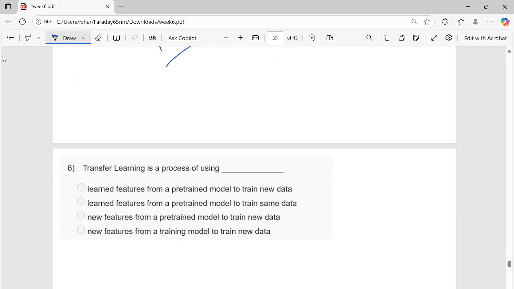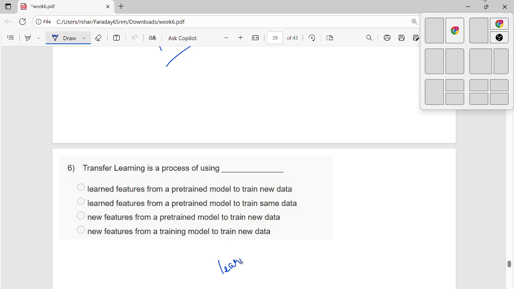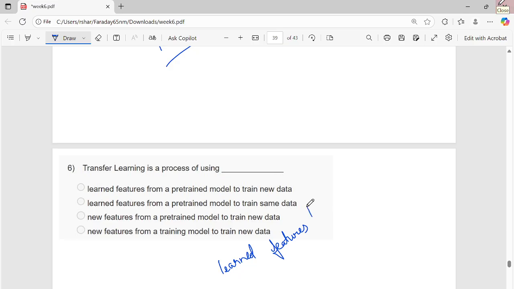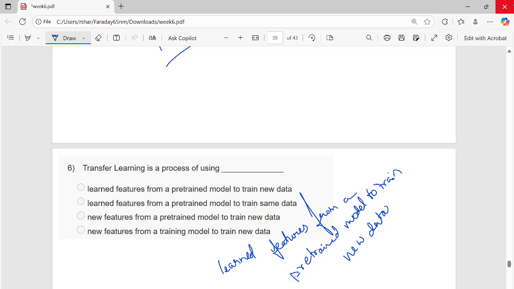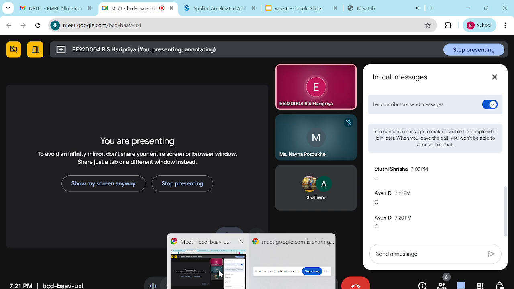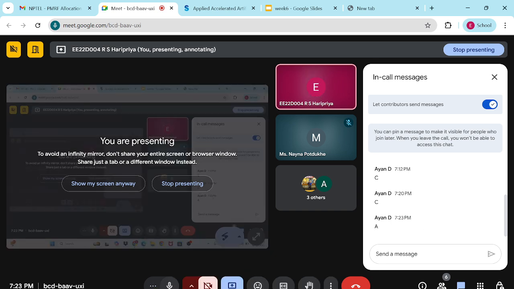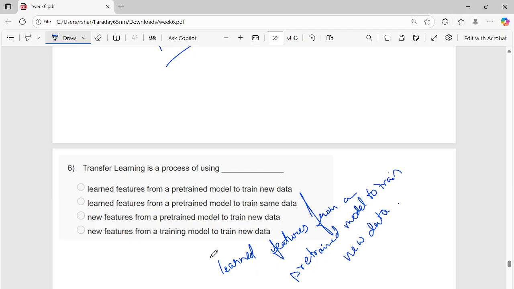The next question is, transfer learning is a process of using. So the correct answer is option A, learned features from a pre-trained model to train a new data.